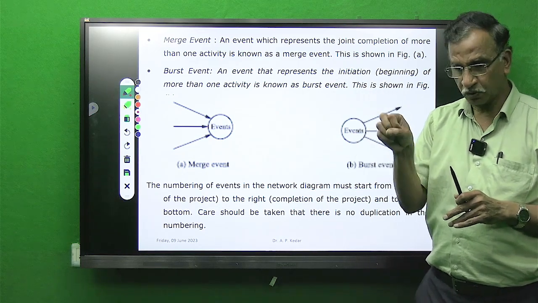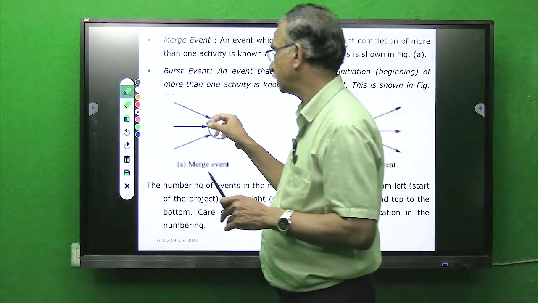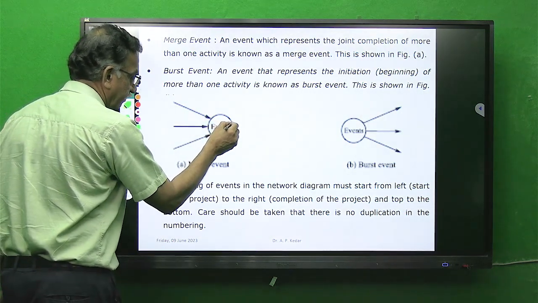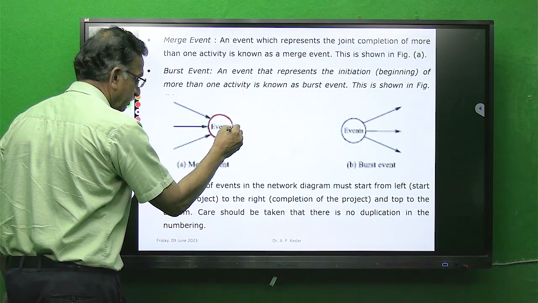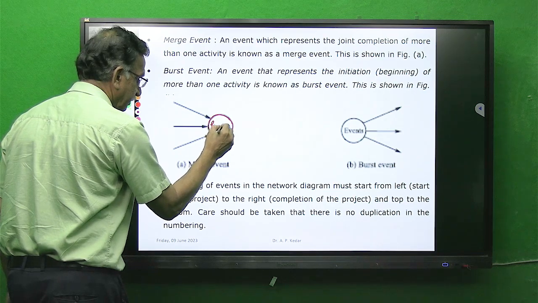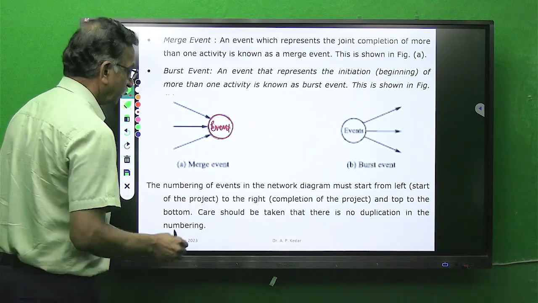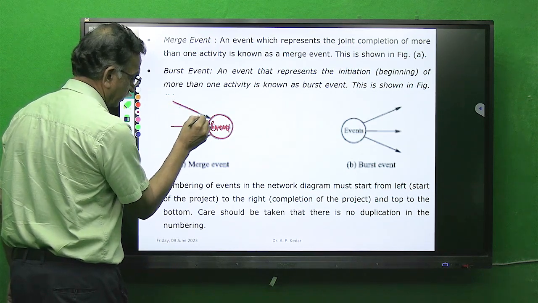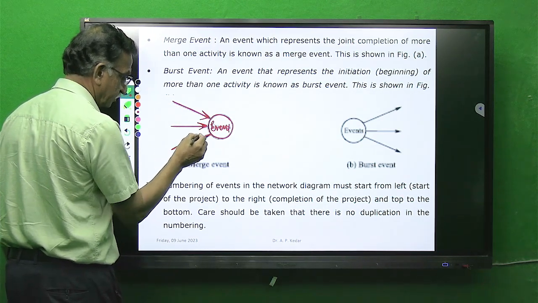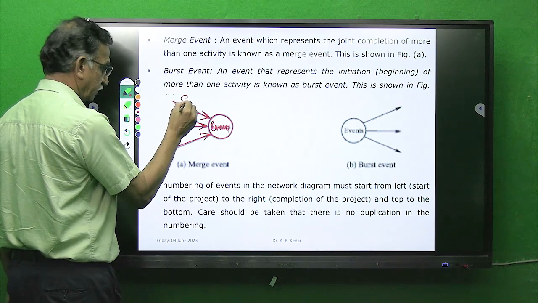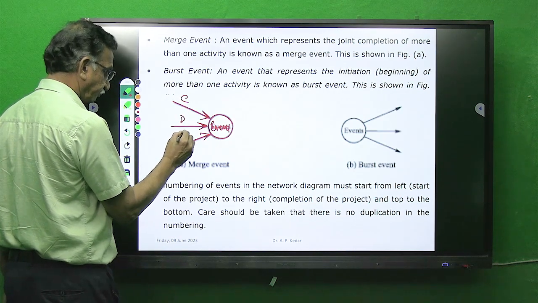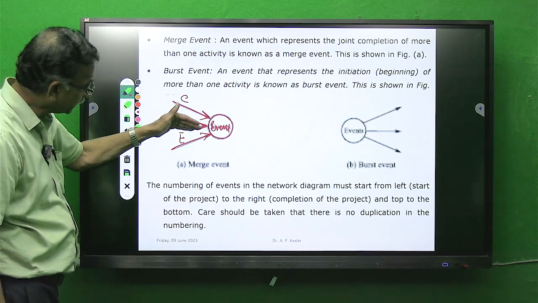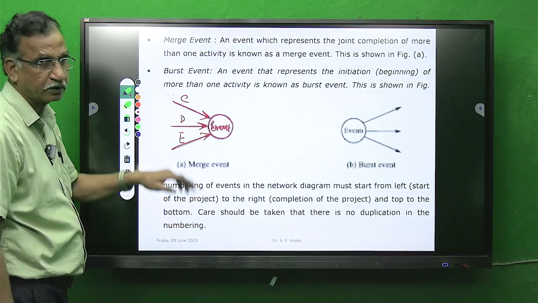Incoming of all activities at an event, this is the event I have referred to many times. Now this event has these activities, suppose 3 activities, C, D, E. All 3 activities are merging in this event.